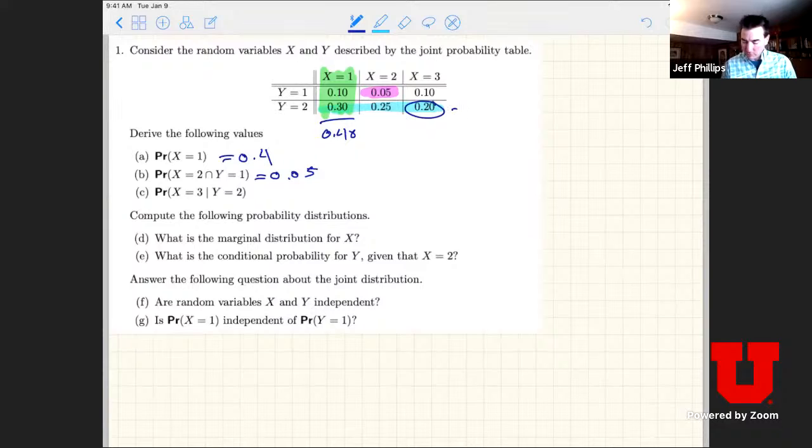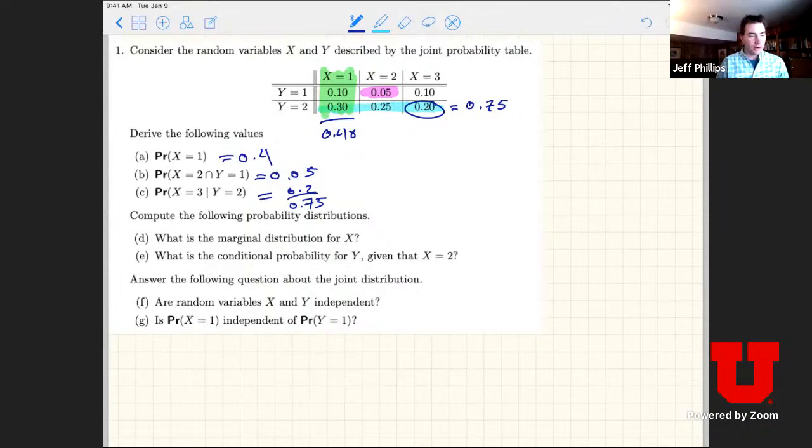The first thing we would do is add all these terms up. This is 0.75, that Y is equal to 2. So the answer here is 0.2 divided by 0.75. That's the conditional probability of X equals 3, given that we know Y is equal to 2.